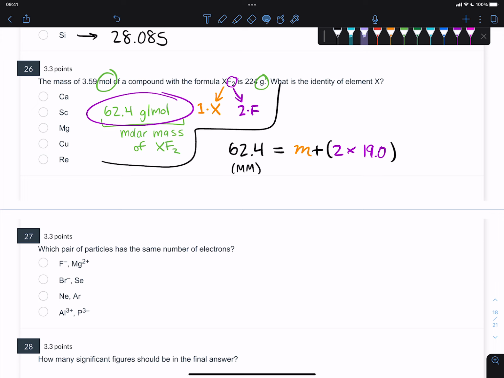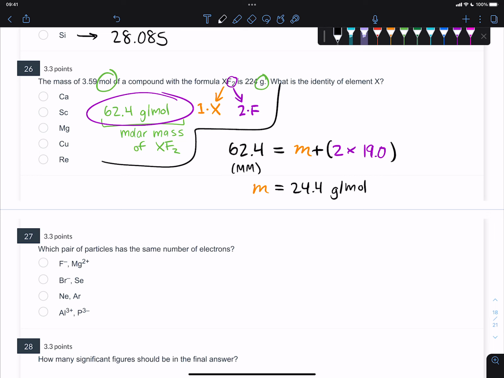Okay, good. So 2 times 19 is 38, and we're subtracting that from 62.4. So 62.4 minus the 38, which is this stuff, is going to tell us that M, which is the molar mass of the element we don't know, is equal to 24.4 grams per mole.